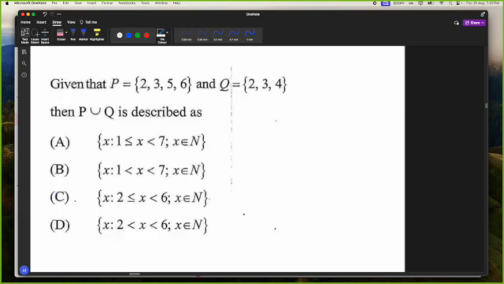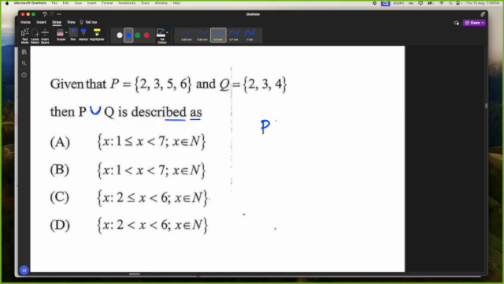10B, right? Given that P is 2, 3, 5, 6, and Q is 2, 3, 4, then P intersect Q is described as, well, first of all, what is P intersect Q? Not P intersect Q, sorry, P union Q. You see how I get mistake?